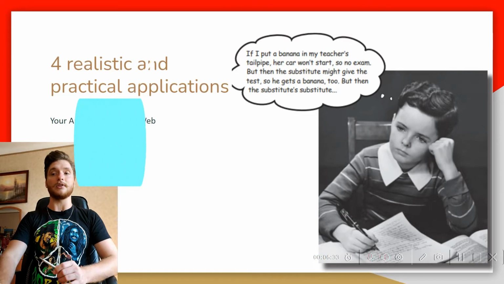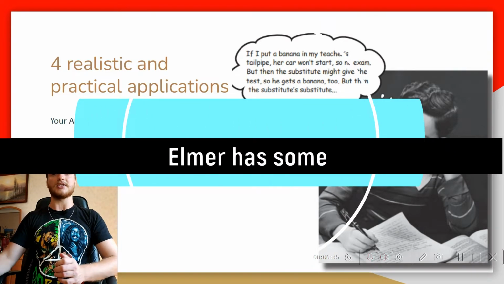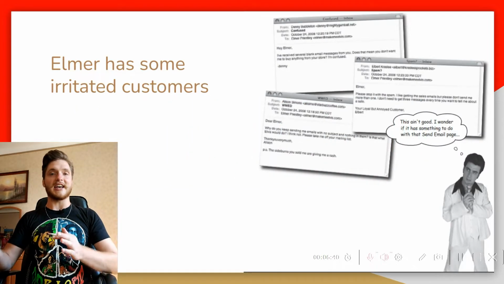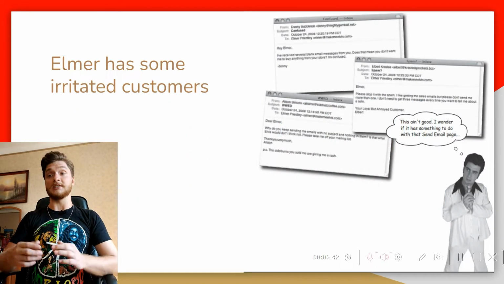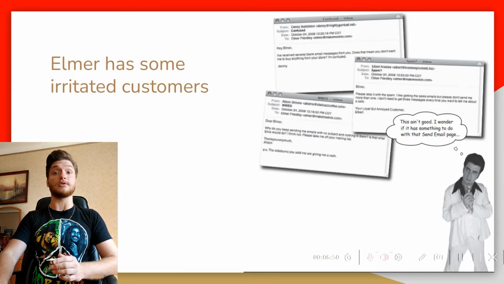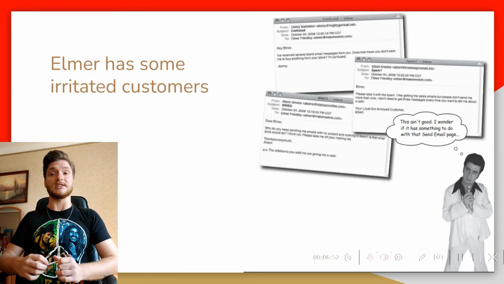Elmer has some irritated customers. Elmer's customer mailing list has grown by leaps and bounds, but his emails have generated some complaints. The complaints vary, but they all seem to involve customers receiving blank email messages or multiple messages, neither of which is good.